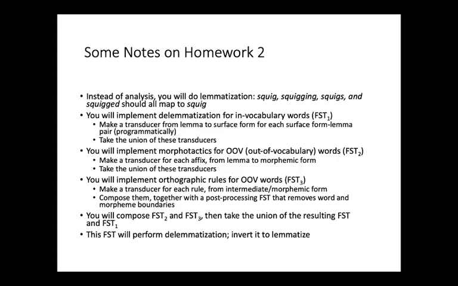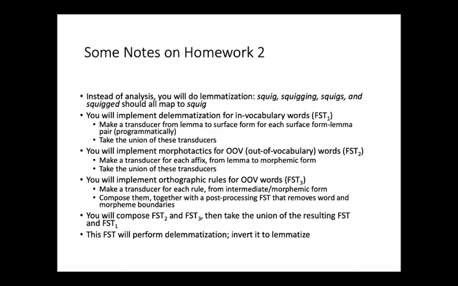So you'll do this in 3 parts. First, you'll implement delemmatization for in-vocabulary words. You'll make a transducer from lemma to surface form for each. You'll be given a vocabulary, and you'll make a transducer for each lemma inflected form pair.